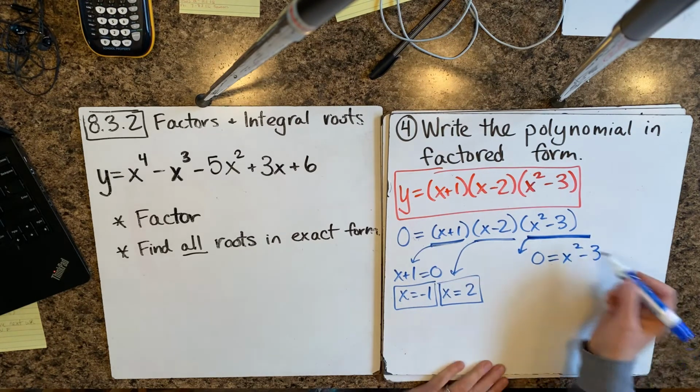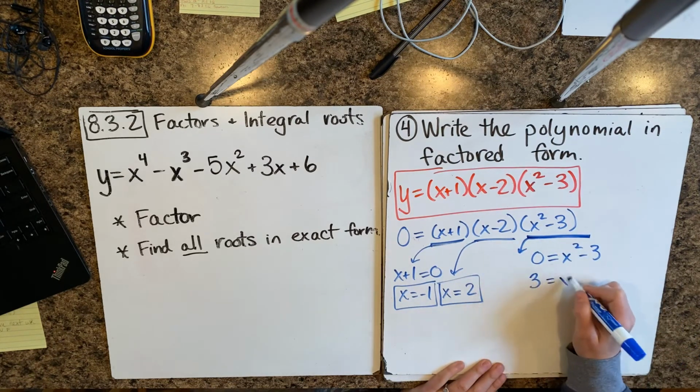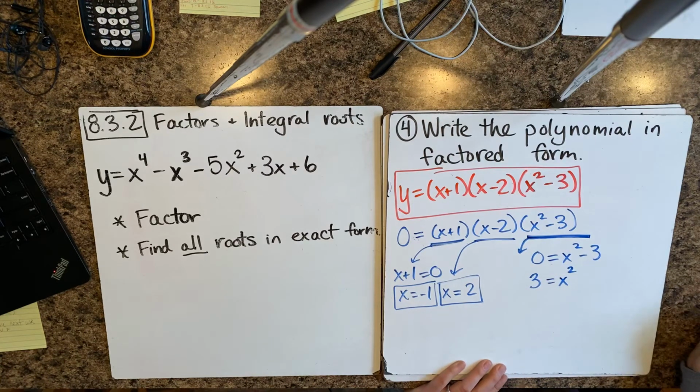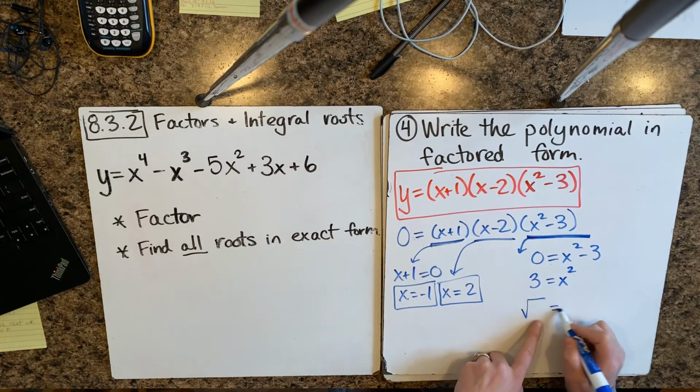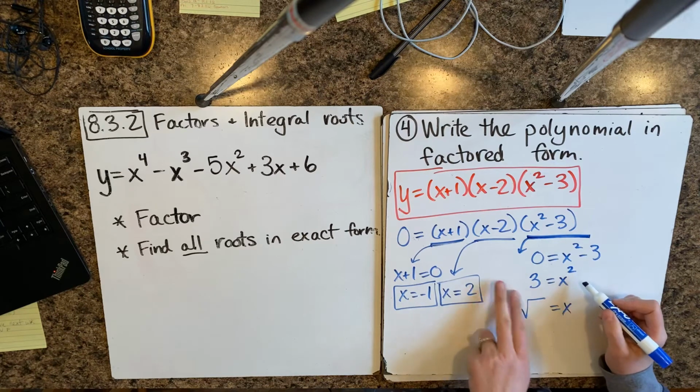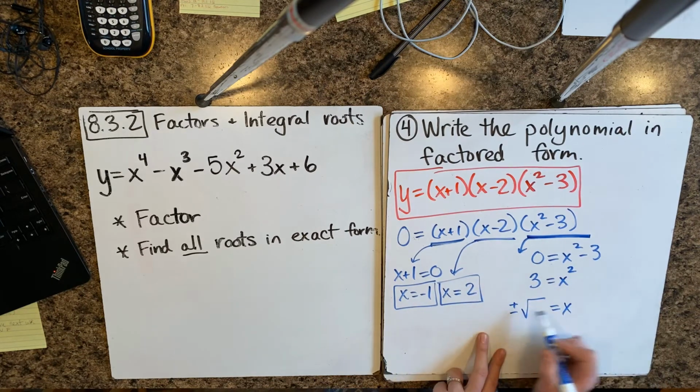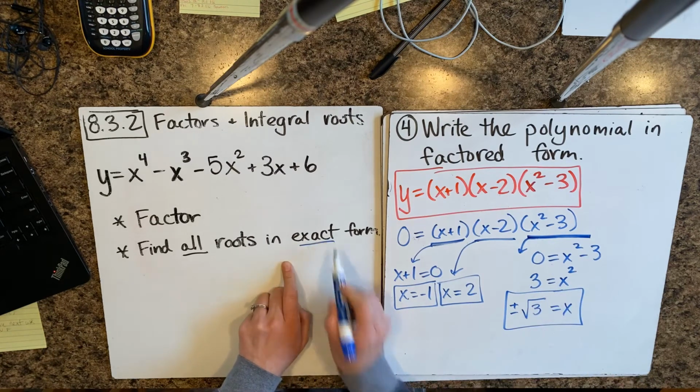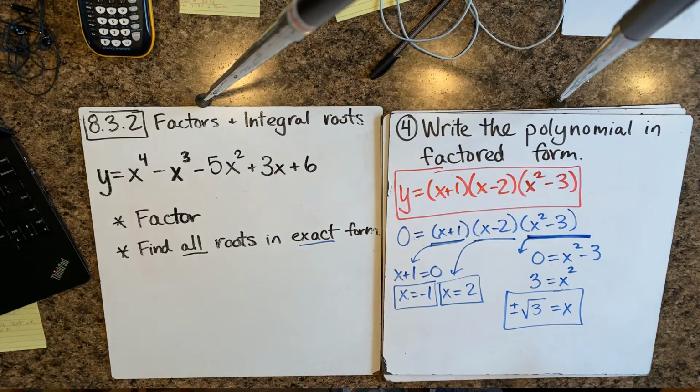In this case, I don't have that, so I'm going to simply undo by adding the 3 to both sides. Then I'm going to take the square root, and remember that when there's an x squared, I expect 2 answers, so I need to put plus or minus square root of 3. And again, it asked for exact form, so I don't want to find plus or minus 1.732 approximately. I want to leave it in exact form.